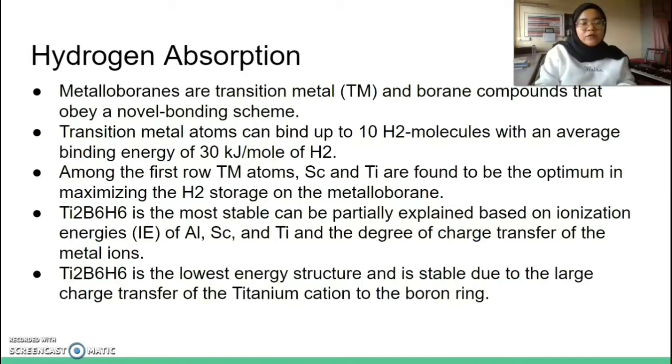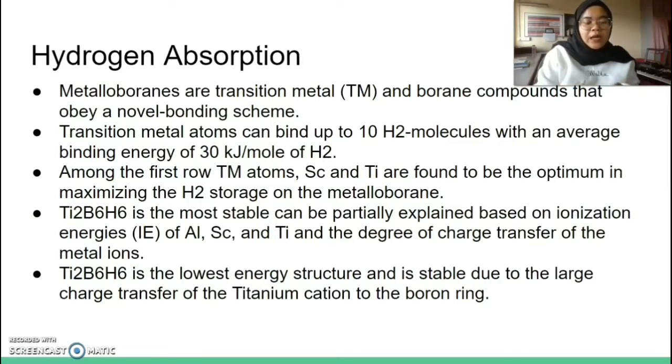Among the first row transition metals, scandium and titanium are found to be the optimum in maximizing the hydrogen storage on metalloborane. Aluminium has larger second and third ionization energies than scandium and titanium. Thus, it is more difficult for aluminium to yield its electron to the ring.